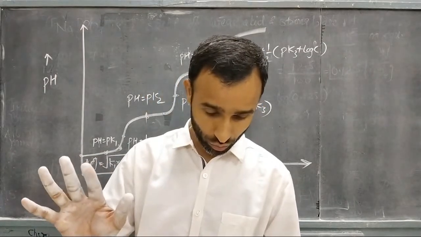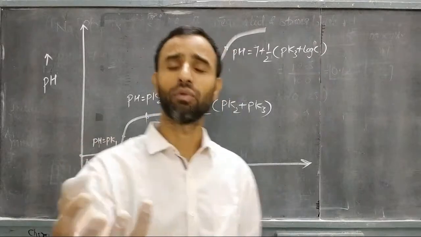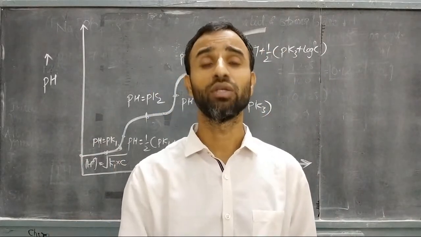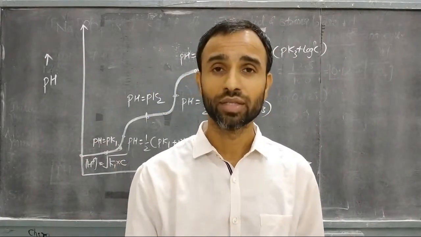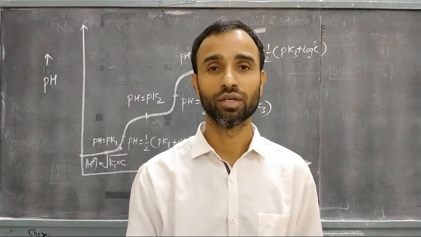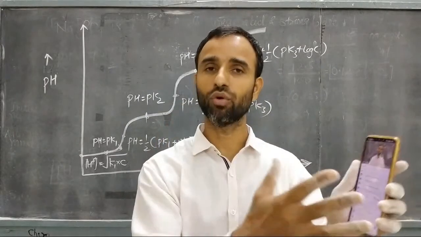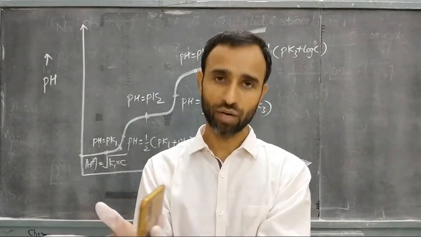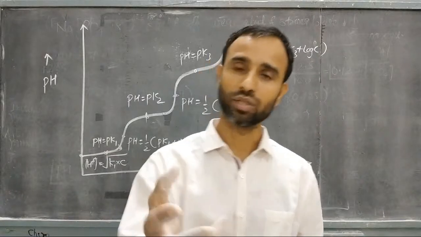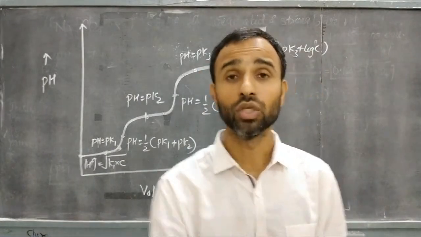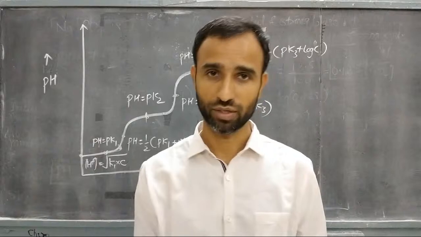Okay. How to use a mixed indicator? A mixed indicator means, like universal indicator, that is also a mixed indicator. It means we mix indicators in the ratio assigned to us, and that is called a mixed indicator. Universal indicator is the best example.